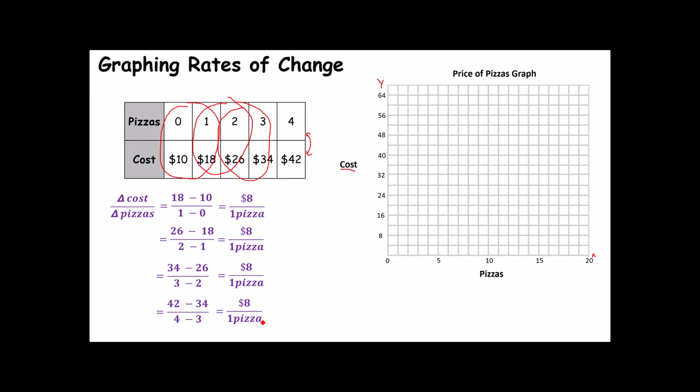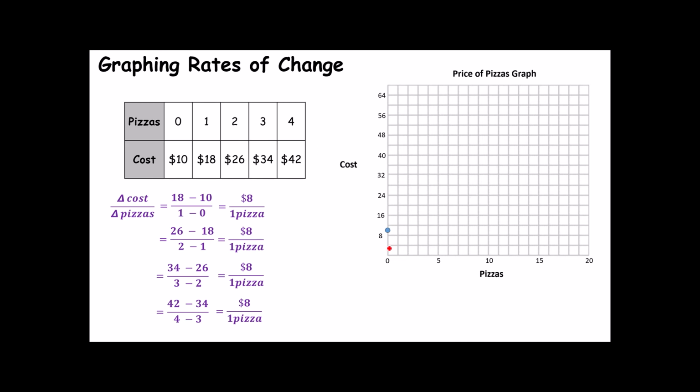Once I know that the rate of change is constant, I know that when I graph this, my graph should be a straight line. So I'm going to plot all 5 of these points. I'm going to go ahead and erase those ink marks. There we go. So my cost is $10 when I buy 0 pizzas. 10 is right here. We're counting by 4s: 4, 8, 12, 16. So 10 is going to be here.